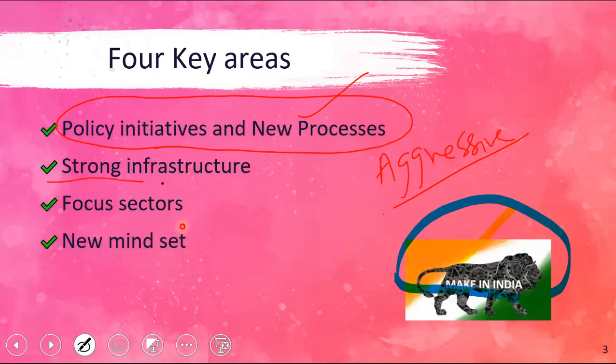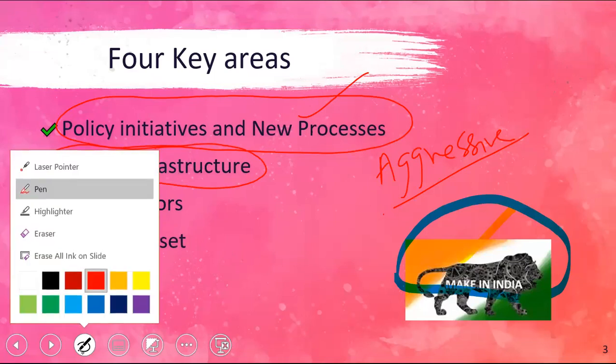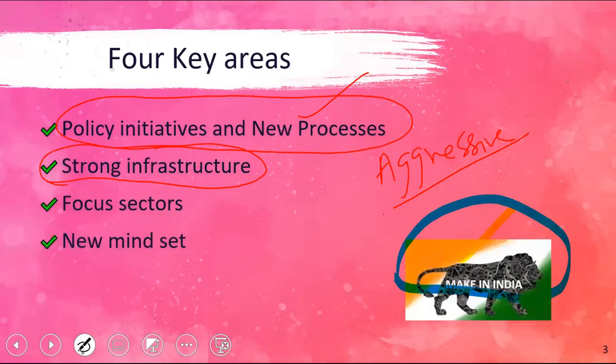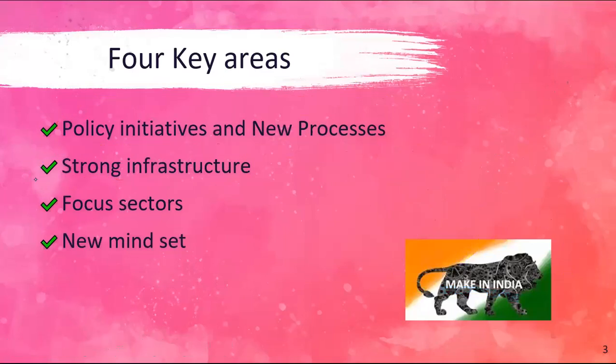Then the Make in India movement realizes that in order to attract foreign companies to manufacture in our country, what is very essential, children? Strong infrastructure. Already we have discussed strong infrastructure. What all things does strong infrastructure include, children?